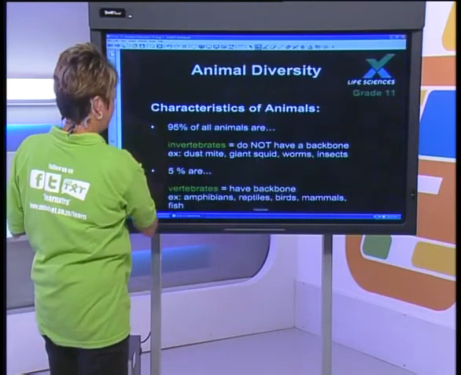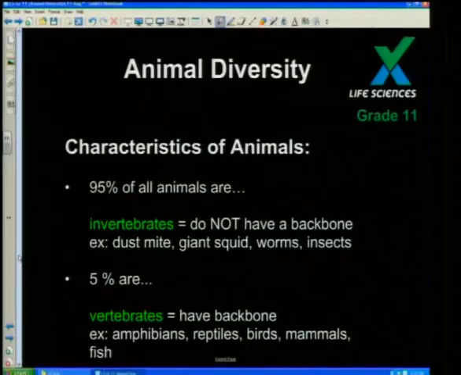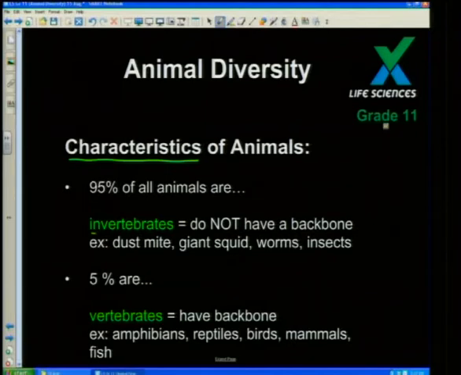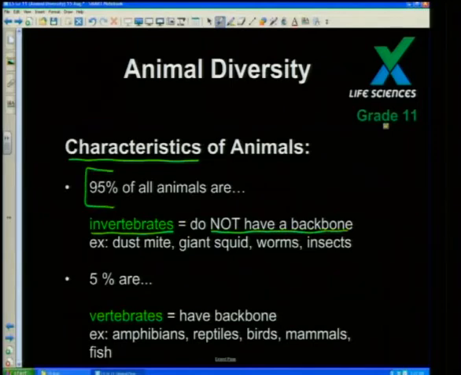All right. Now, as we said, all the characteristics of animals are now classified into 2 groups. Because of their characteristics, we're going to put these animals into 2 groups. We're going to put them under invertebrates, and all these animals do not have a backbone. Now, around about 95% of all our animals, that is a huge amount.